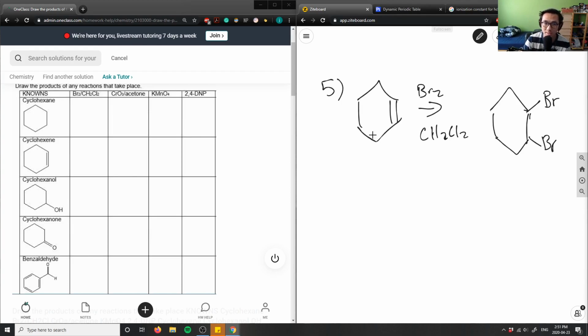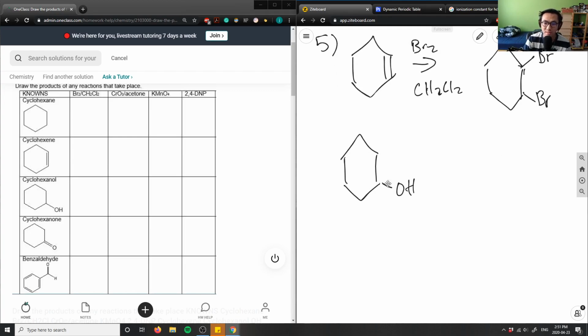So that's cyclohexene. Let's look at cyclohexanol. If I react it with Br2, I will get no reaction. The OH group is a tough leaving group. This is a very strong bond, and it will not leave. Br2 would not substitute OH. CrO3 in the presence of acetone as its solvent would give me an oxidation reaction, and I would get a ketone.